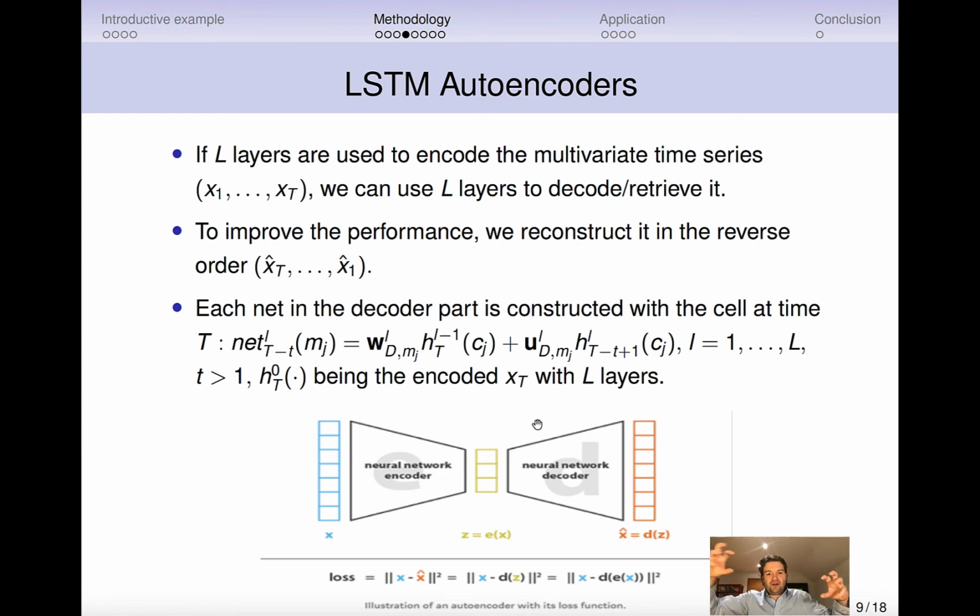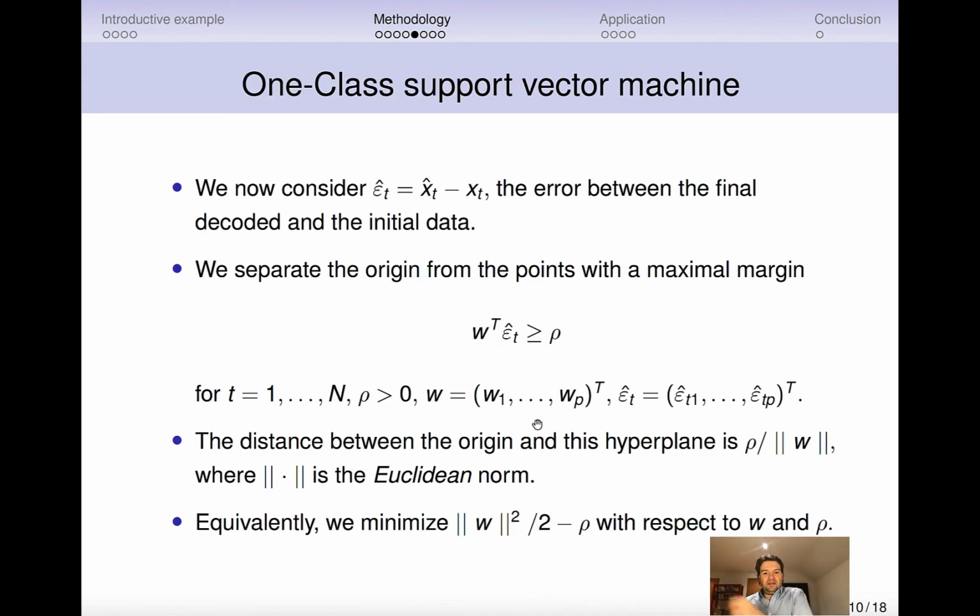Because we reconstruct the series like this, we take the output decoded data minus input data, and we have the errors. And now we are going to separate the errors in the second phase. First phase, we have a model and we compute errors.